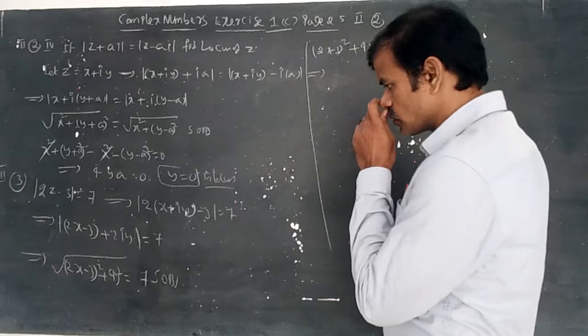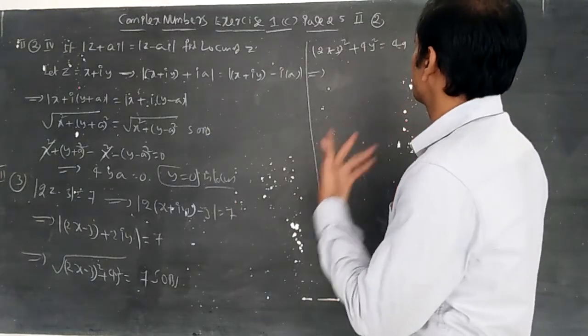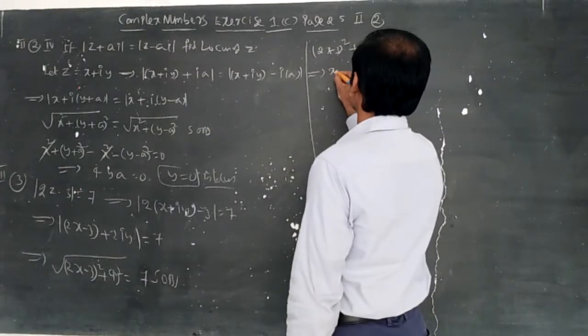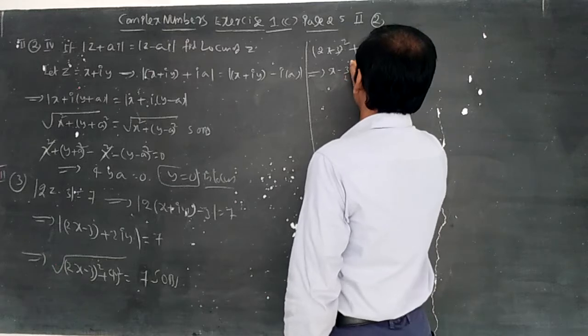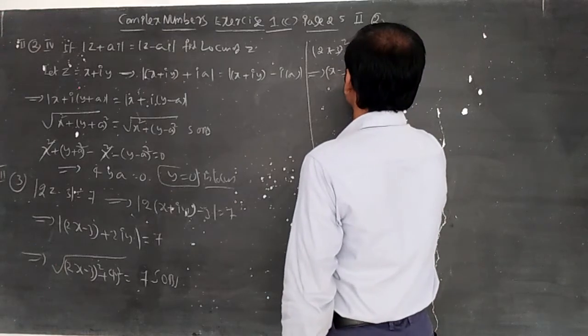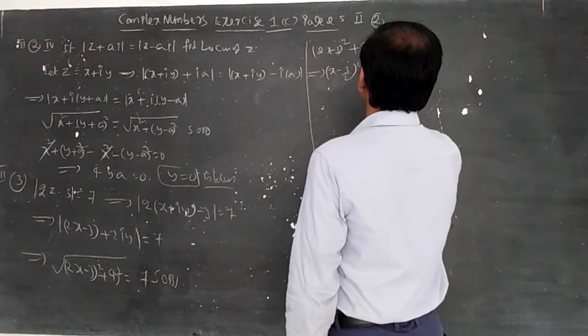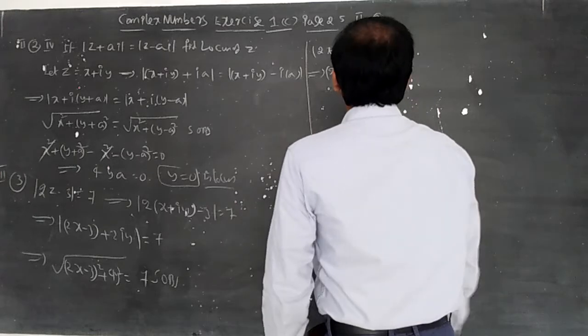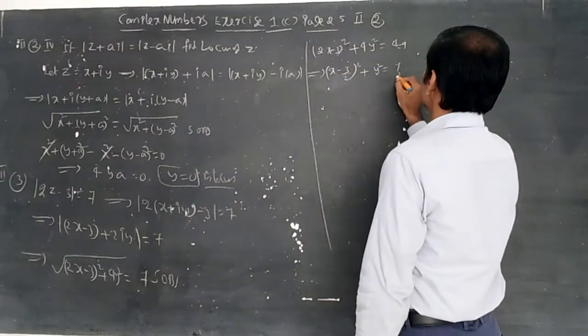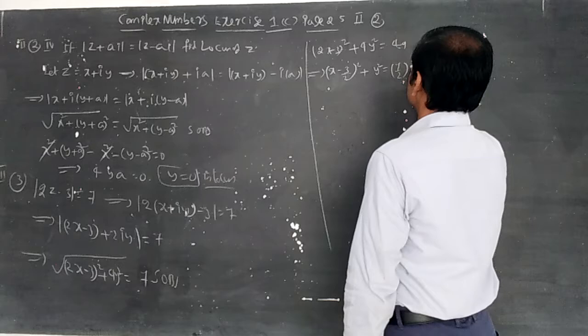If we take 2 common and write 7 by 2, it is better. You can write here (x minus 3 by 2) whole square plus y square is equal to (7 by 2) whole square.